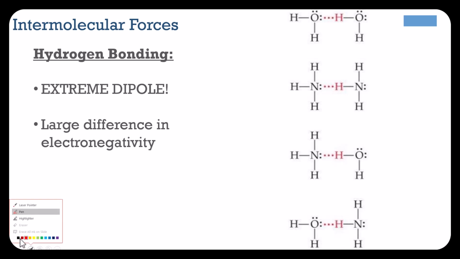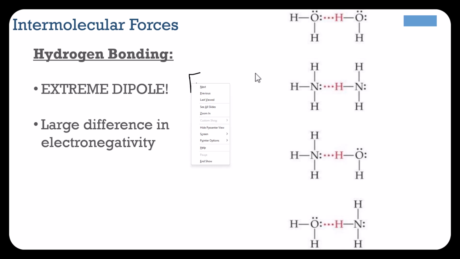So the atoms that participate in the hydrogen bonding are fluorine, oxygen, and nitrogen.